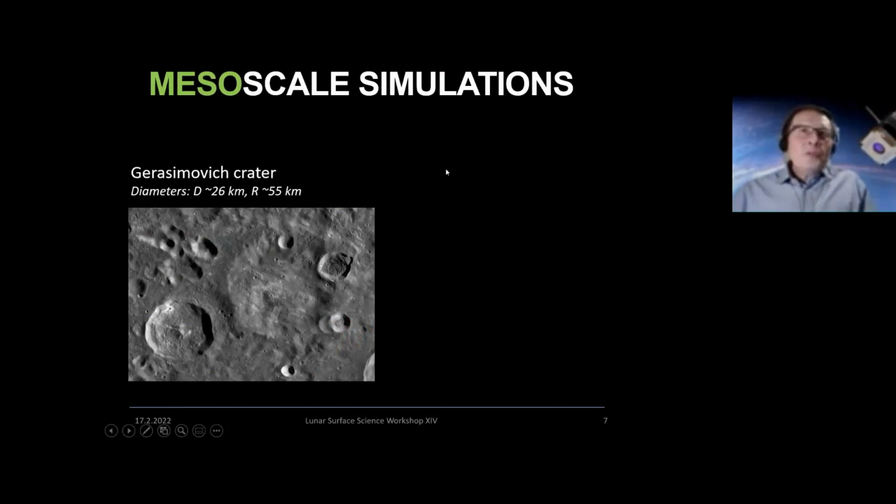Now we zoom into the mesoscale and look at probably the most interesting region in this space region, namely a magnetic anomaly. The space scale is now only a few tens of kilometers, and our example is the Gerasimovich anomaly.